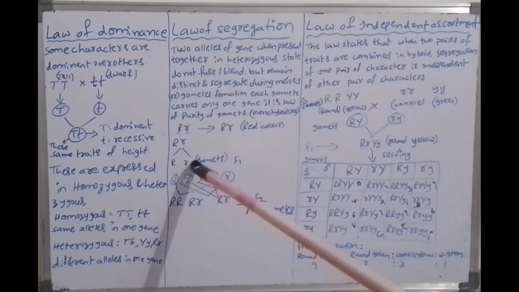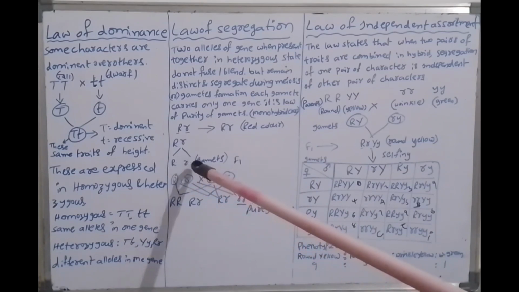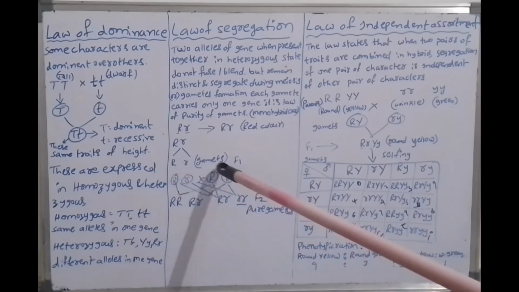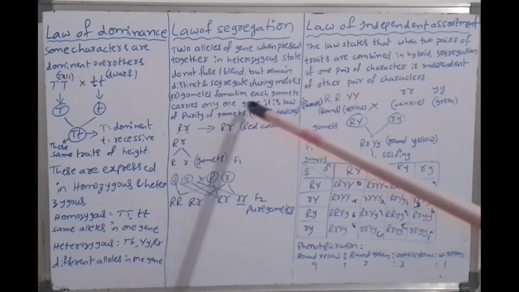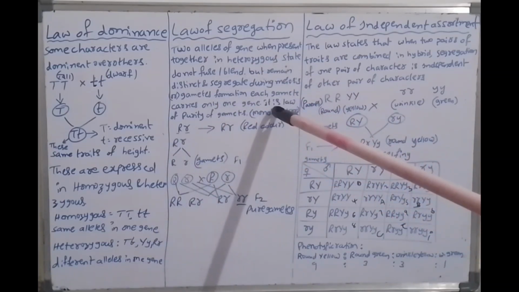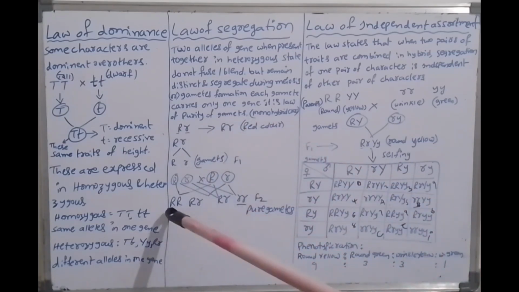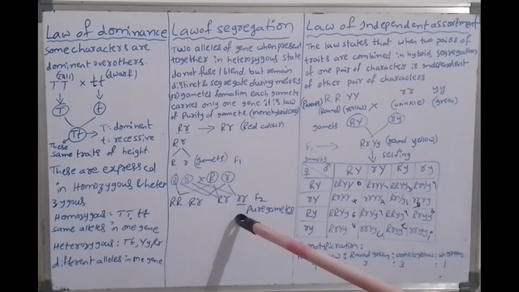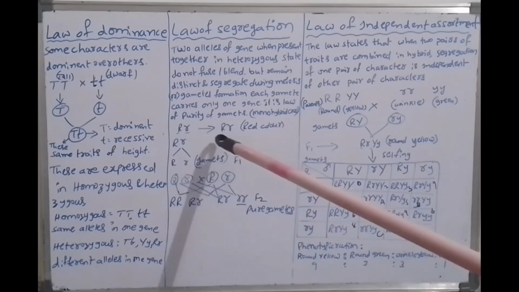Here the F1 generation is crossed with the F1 generation: capital R, small r. These are gametes. When gametes are formed, each gamete carries only one gene, so it is the law of purity of gametes. Capital R is a pure gamete, small r is a pure gamete.